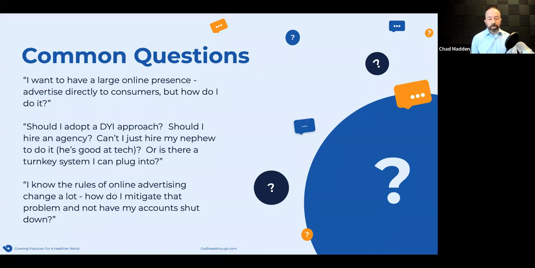So I know the rules of online advertising change a lot, and they change often. How do I mitigate that problem and not have my account shut down? What we have learned is that Robin and the team work with advertising experts that really give us a benefit that you or I could never realize as a smaller practice, right?